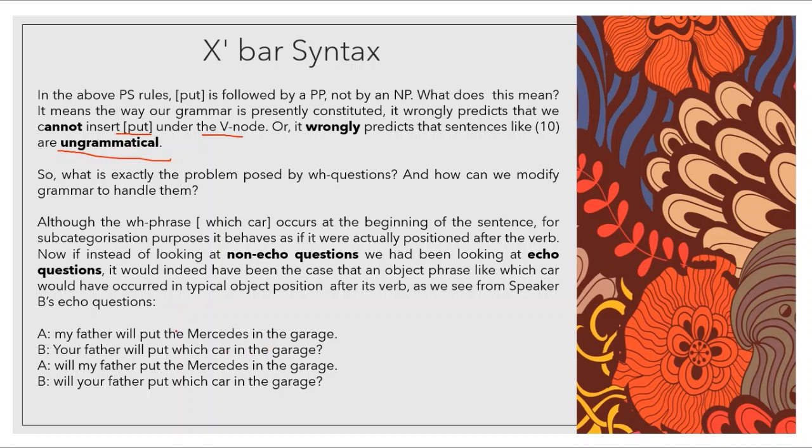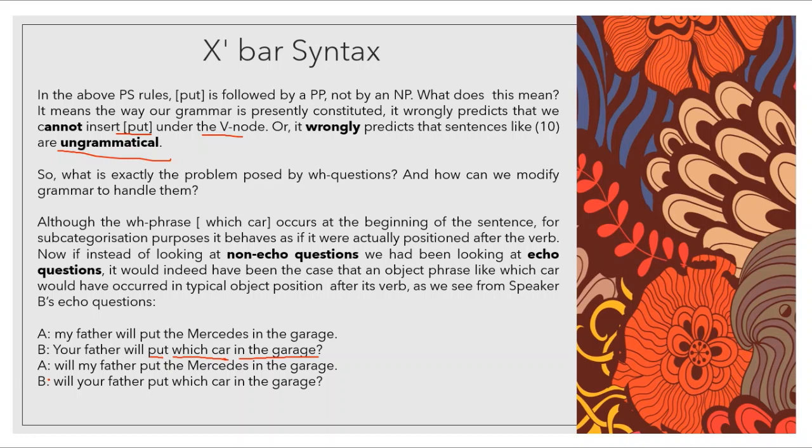Mercedes is something we always use in examples. So B's echo question will be your father will put which car in the garage. So here you can see that which car is an NP followed by a PP, coming after the verb put, which is grammatical.